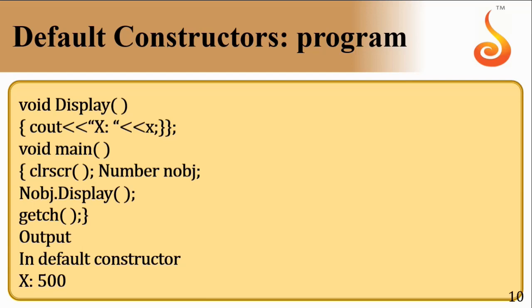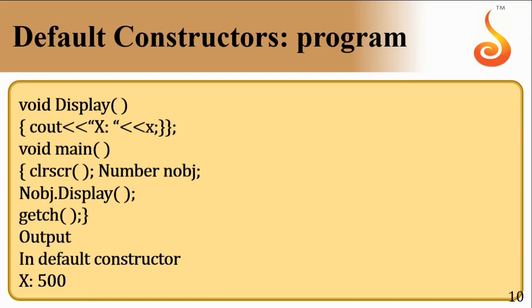Number nobj, that is the syntax of creating an object. The name of the object is nobj and it is an object of the class Number. When I write this statement and it gets executed, the default constructor is invoked automatically.